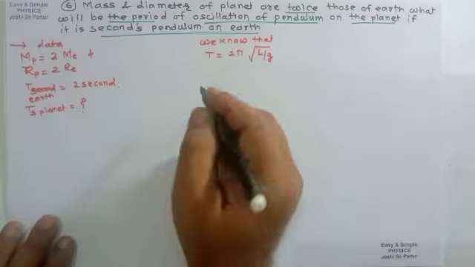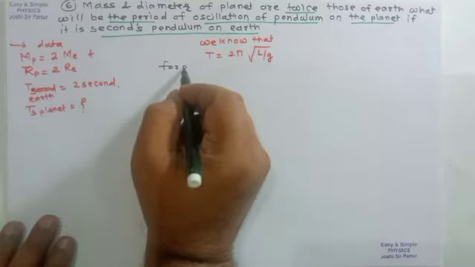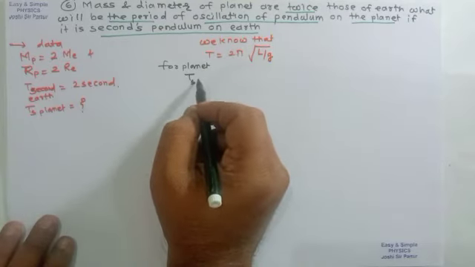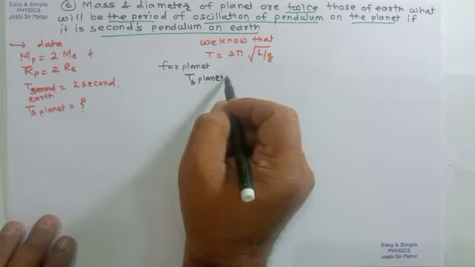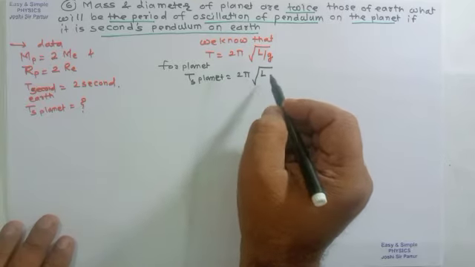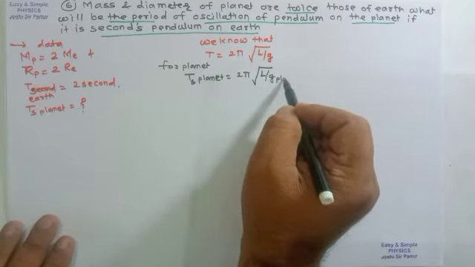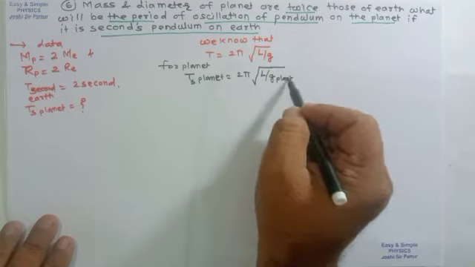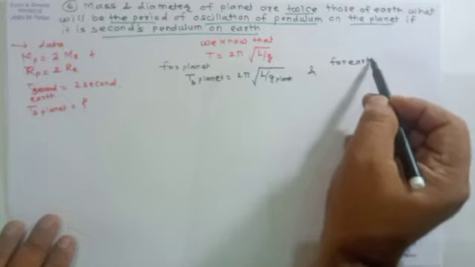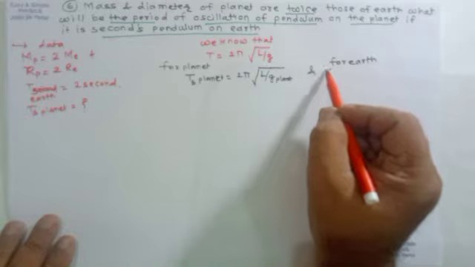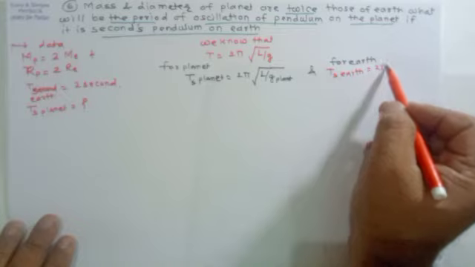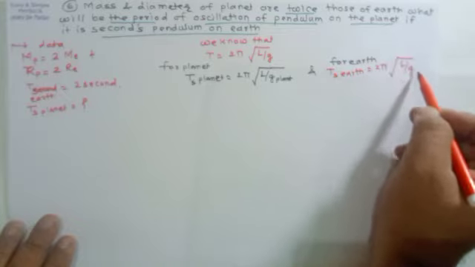Here for planet, time period for second pendulum on planet will be 2 pi square root of L upon g for planet, and for Earth it will be time period for second pendulum on Earth will be 2 pi square root of L upon g of Earth.